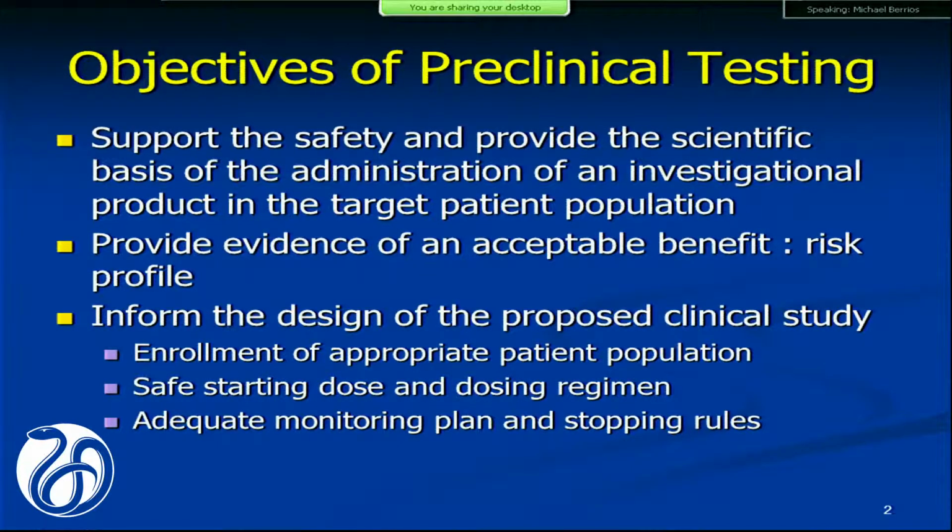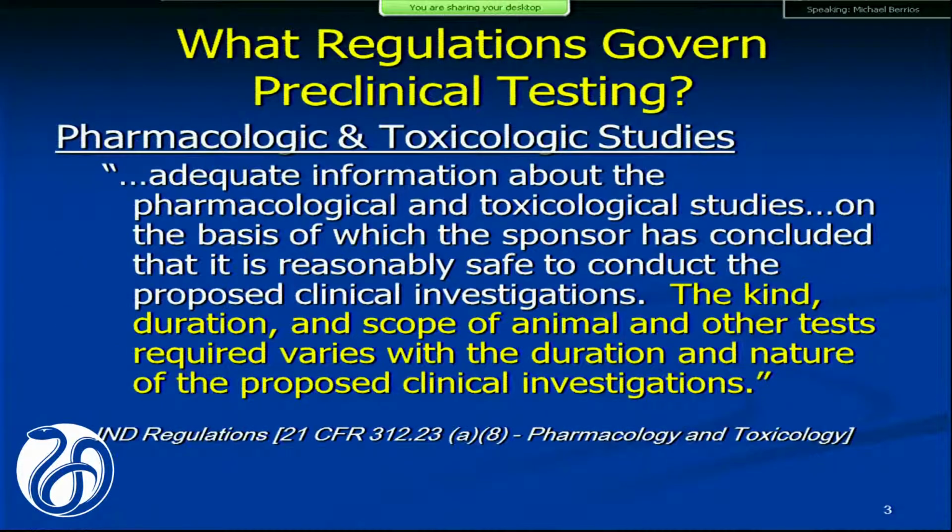This may include to support the enrollment of appropriate patient population and to recommend a safe starting dose and dosing regimen, and to guide adequate clinical monitoring plan and stopping rules. So preclinical data is an important element for IND application. What regulations govern preclinical testing?